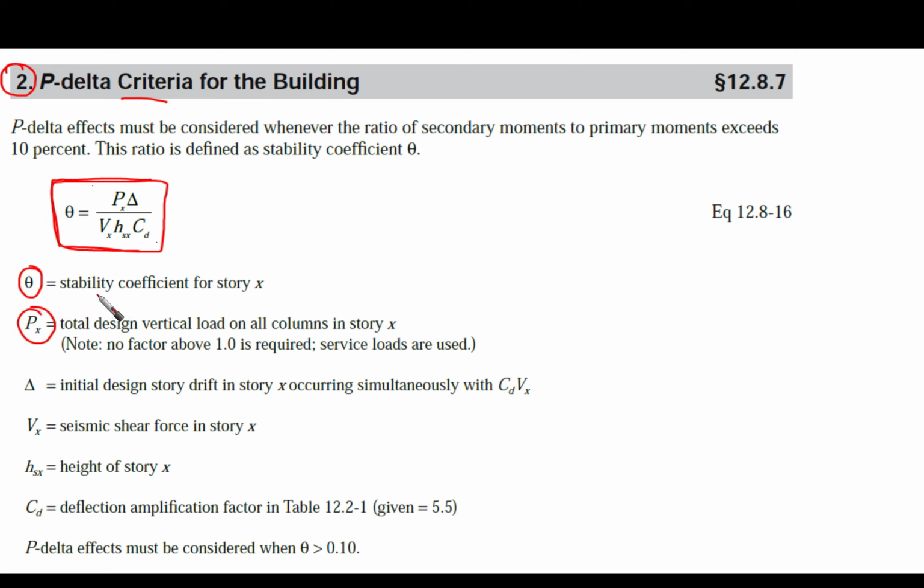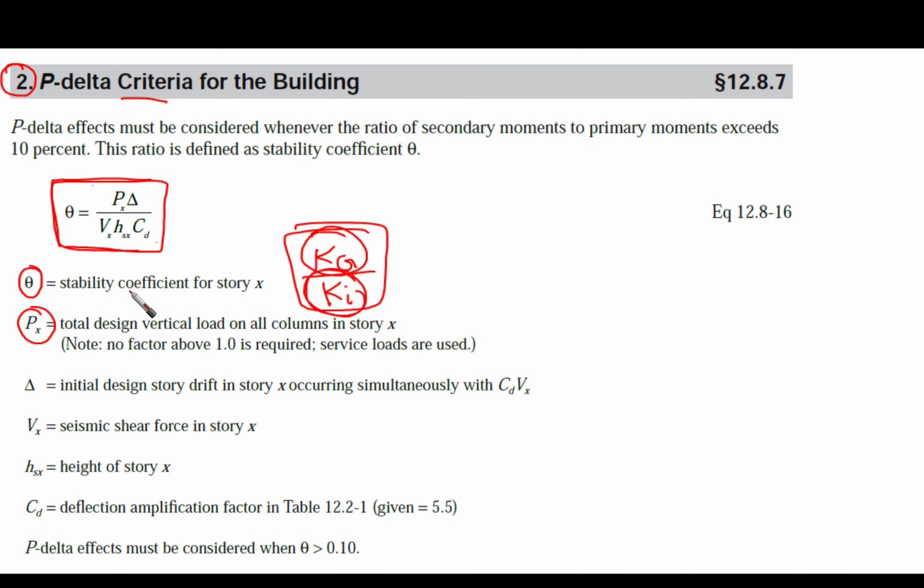So theta is the stability coefficient for story x. It is the ratio between the secondary moment to the primary moment, or we can say it is the ratio between Kg and K initial, if you remember this, the geometric stiffness over the initial stiffness.